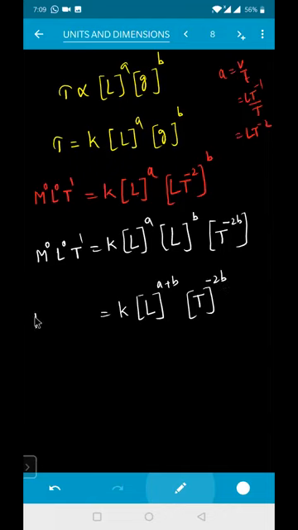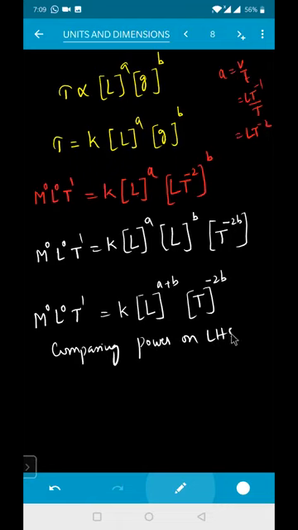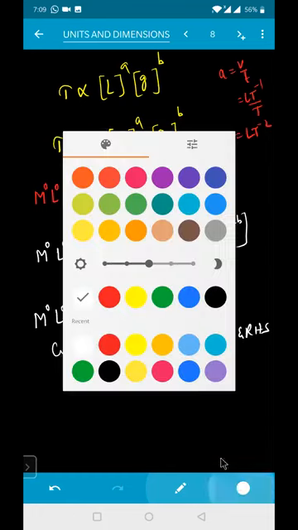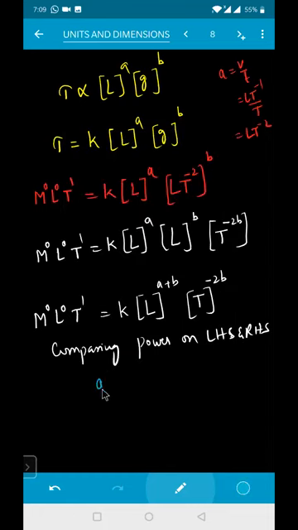Now compare the powers on LHS and RHS. For the dimension of L, A plus B will be equal to 0.